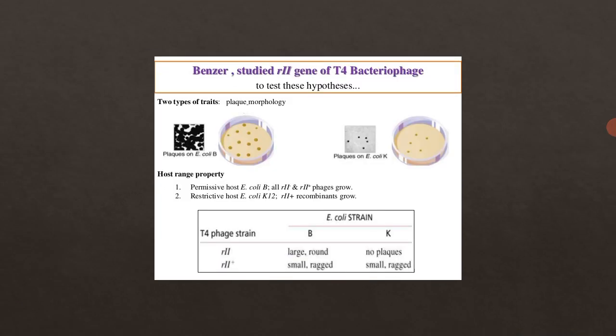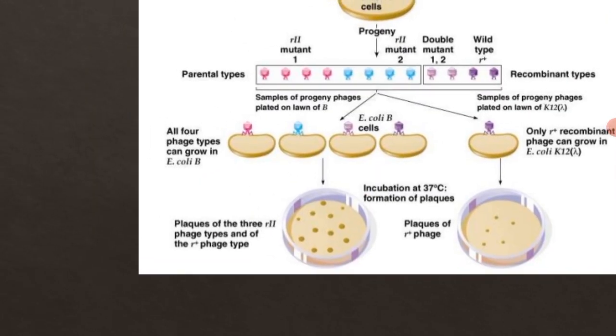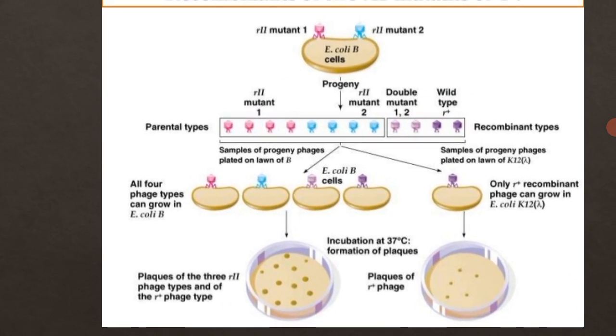Yes, you can see here R2 is large and round, right? And the R plus strain has the small, R plus is the small, right? Therefore, in the E. coli K12, we got only small ones. That means it is definitely the plaques of R plus phage, right?